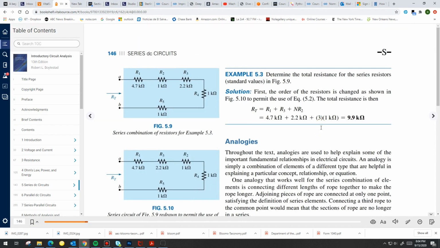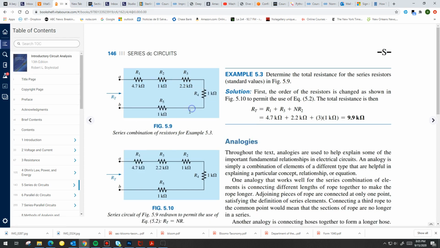Okay. Another example here, it says find the resistance for this series connected circuit of resistors. In this case, we happen to have 3 resistors of the same value. So we could, if we want, partially add those 3 together using the formula that we talked about before for same value resistances.